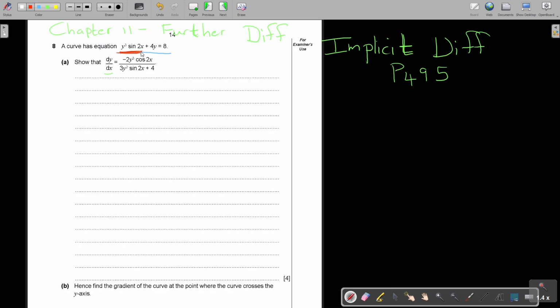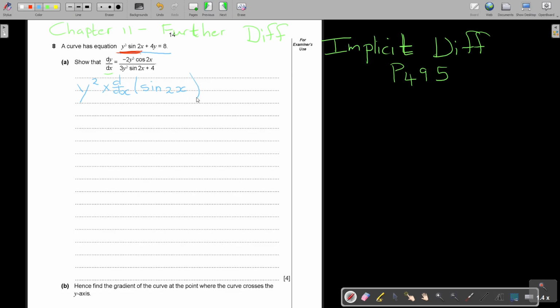So let's start. It's going to be y to the power of 2. This is now the product rule that I'm following. I rewrite the first one, then I differentiate the second one, sin 2x.